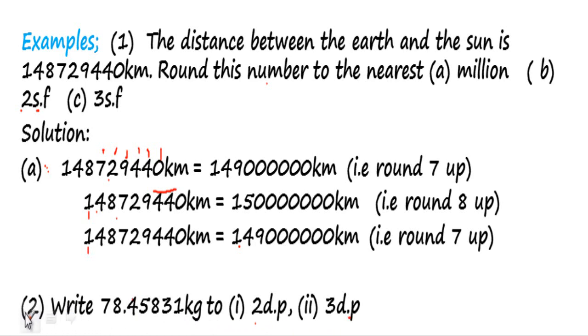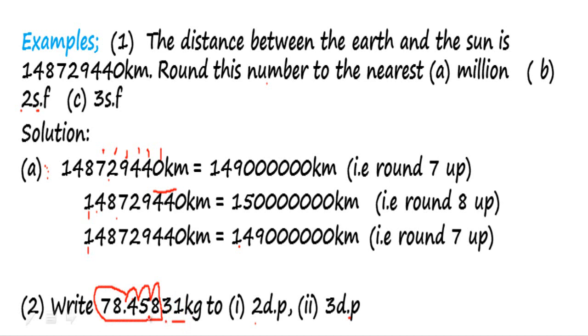You are going to start from the decimal point. I'm going to say 1, 2, 3. So these ones are the values of interest to you, while the rest are not. So this is the rest that you are going to turn to 0.